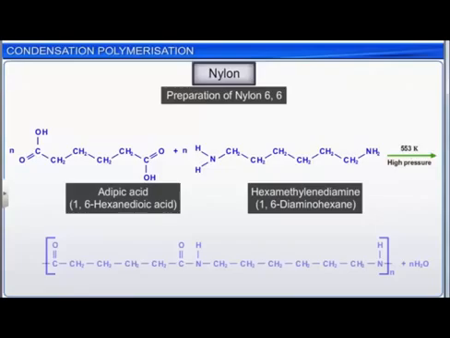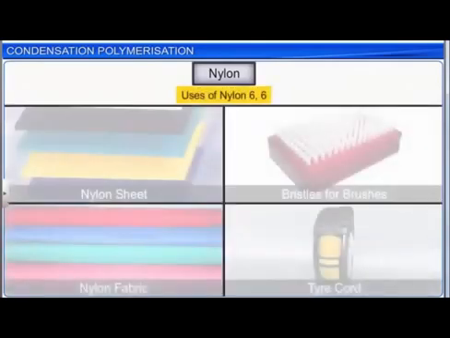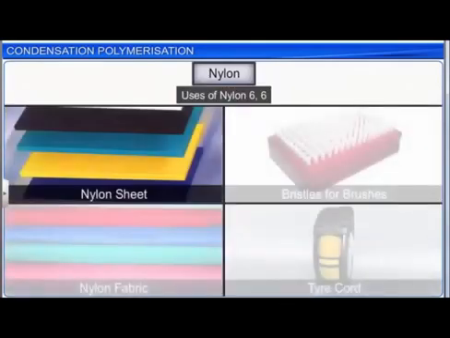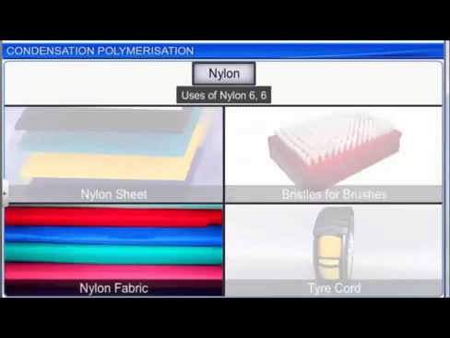This polymer is called nylon 6,6 because there are 6 carbon atoms in each monomer, adipic acid and hexamethylene diamine, that participate in the reaction. Nylon 6,6 is used to make sheets, bristles for brushes, textiles, and tire cord.